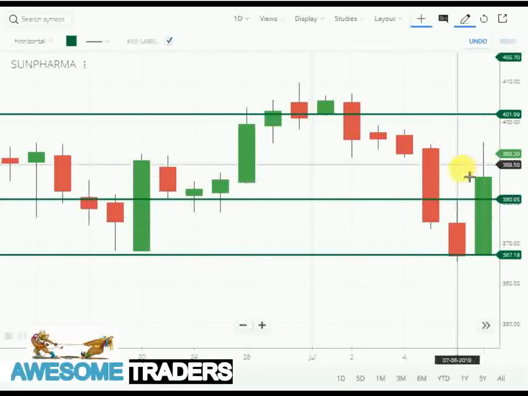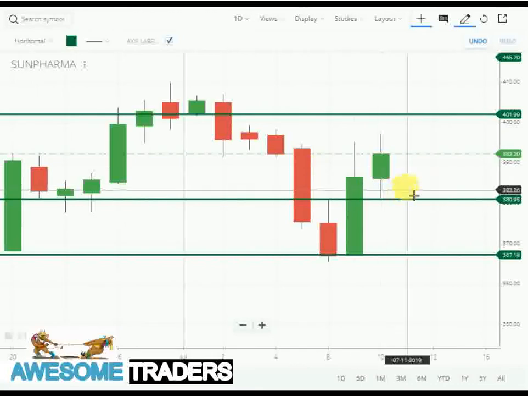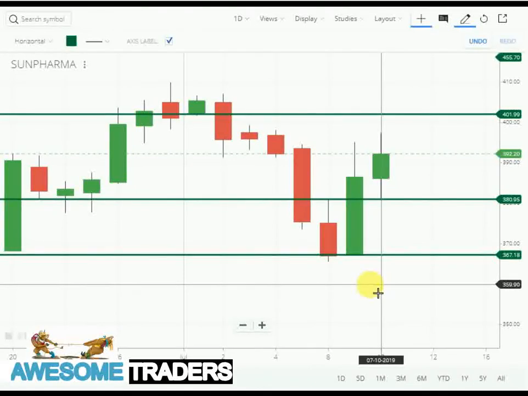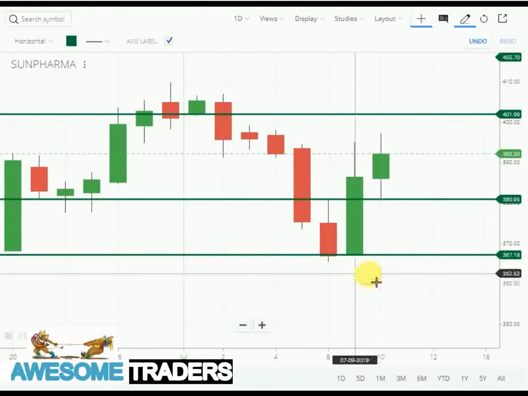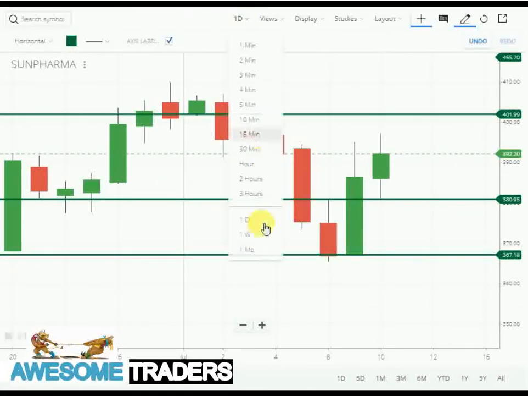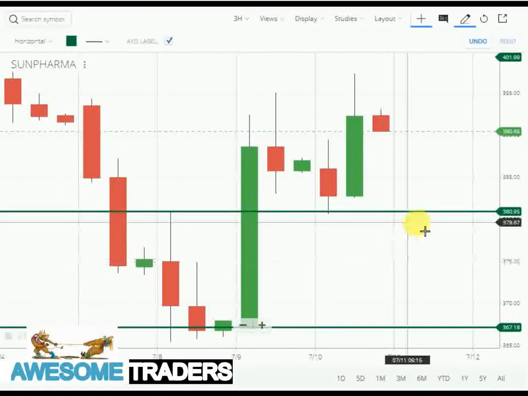This was your support line after this broke. So today it went down first and then it went up, right? Now the question is, how do I find more support levels? You go to a smaller time frame, that is 3 hours. That's how you see it.